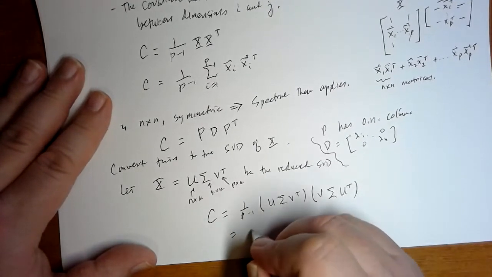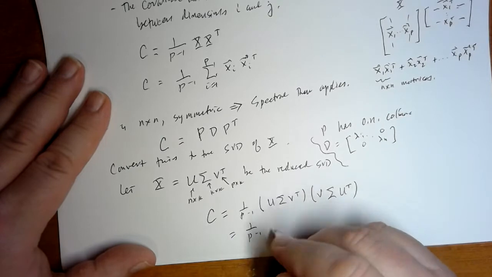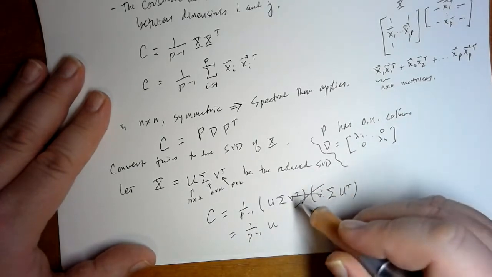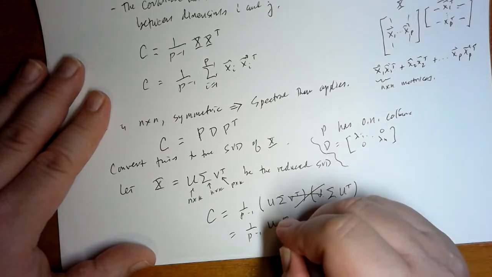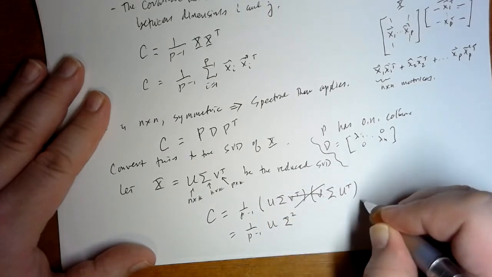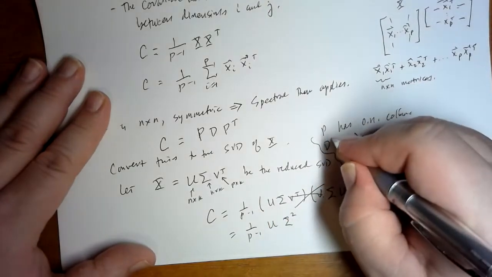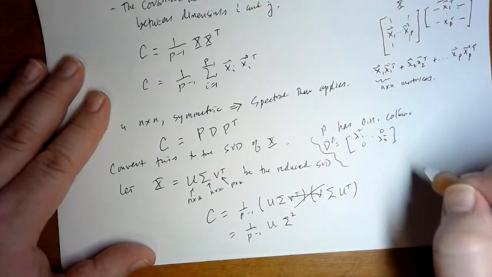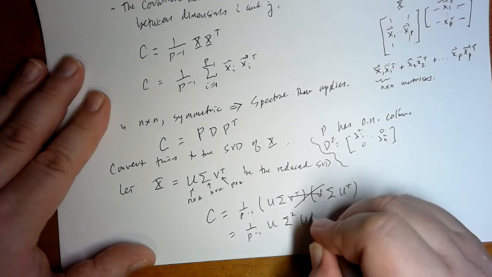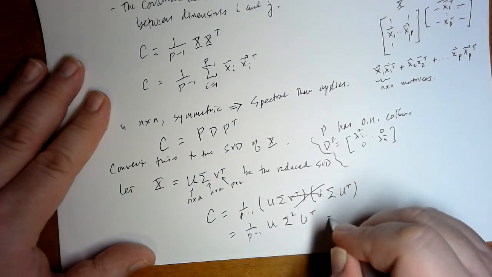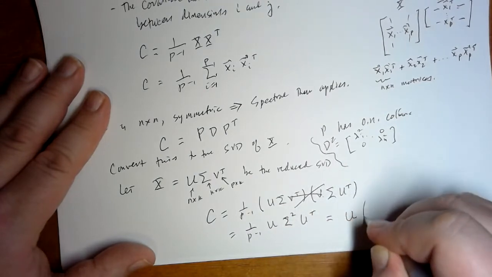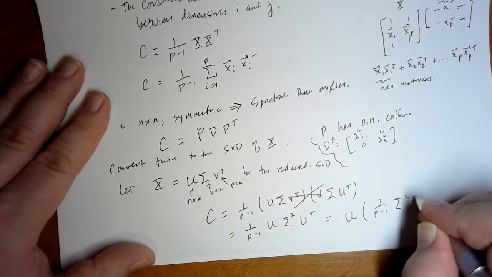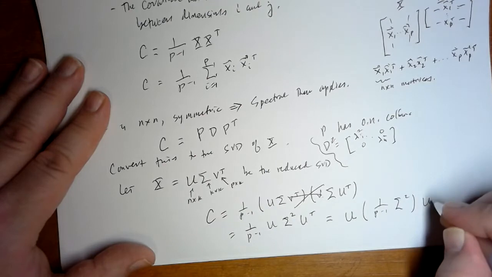We get that C is 1 over p minus 1 times U sigma, V transpose V is the identity matrix, and then we have sigma squared. Do you remember how to square a diagonal matrix? If I take D squared, for example, that would just be lambda 1 squared through lambda n squared. You just square the diagonal elements. Then U transpose.